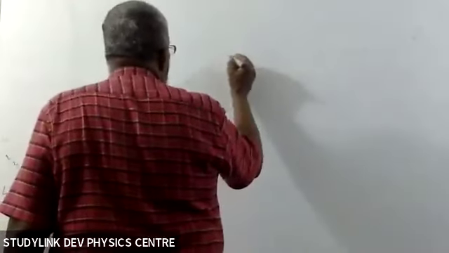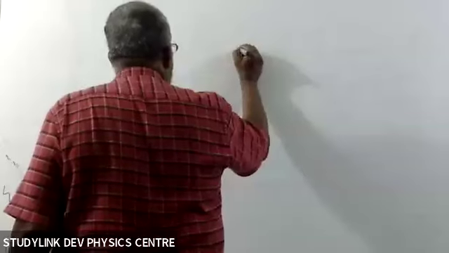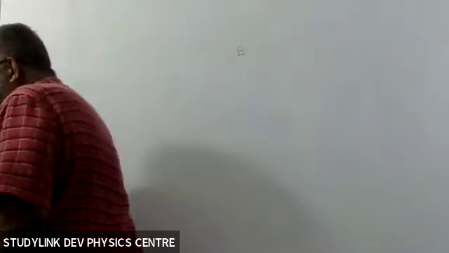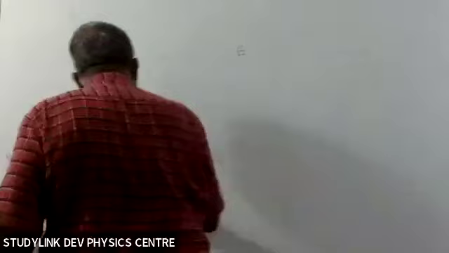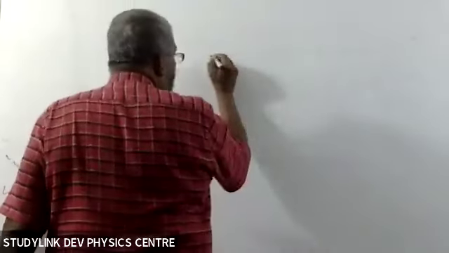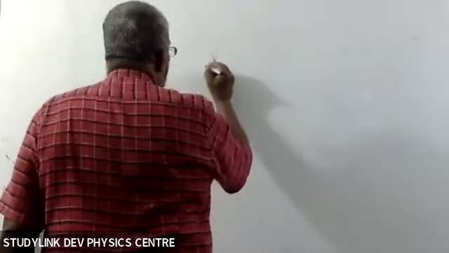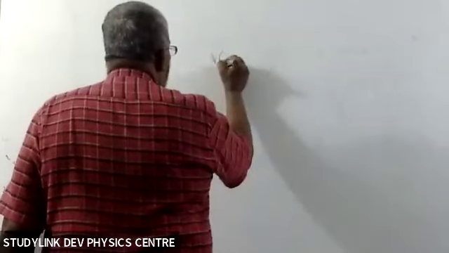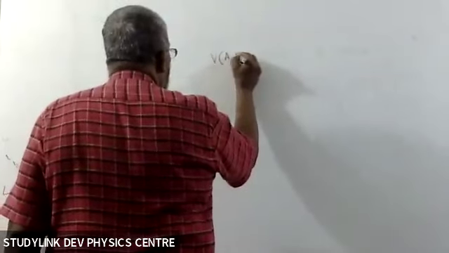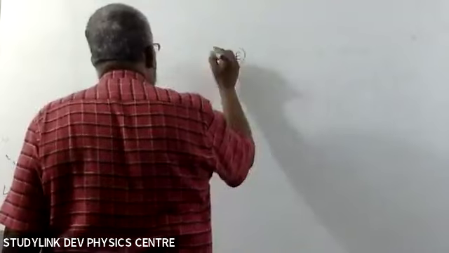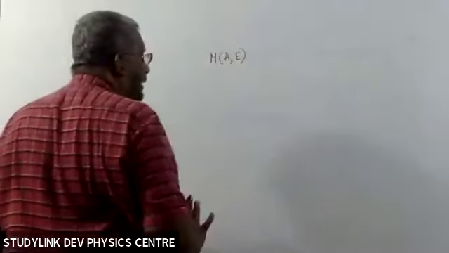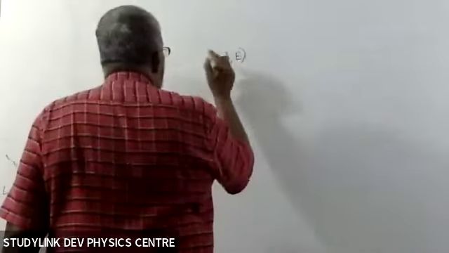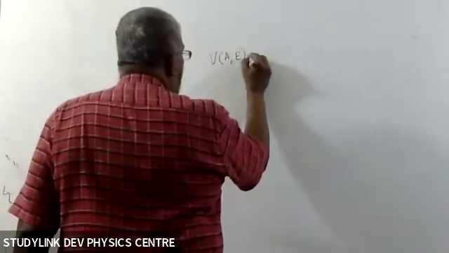Then Earth is denoted by capital E. Then we can say velocity of A relative to the Earth, or motion of A relative to the Earth. V is velocity.